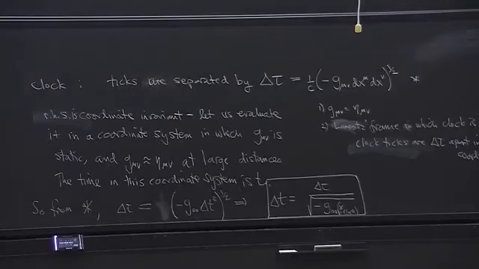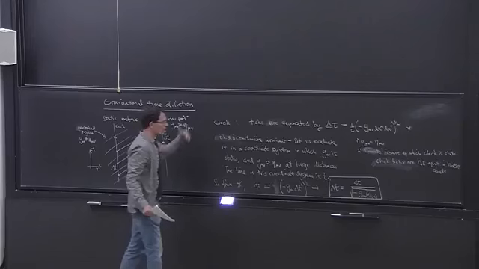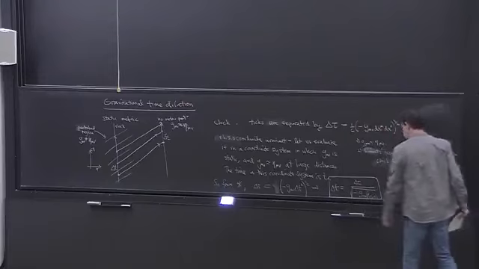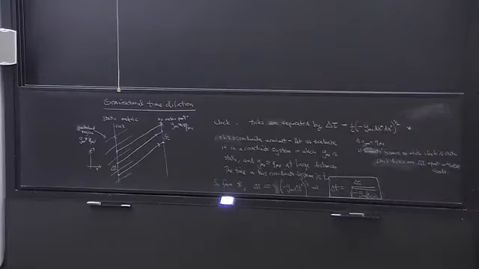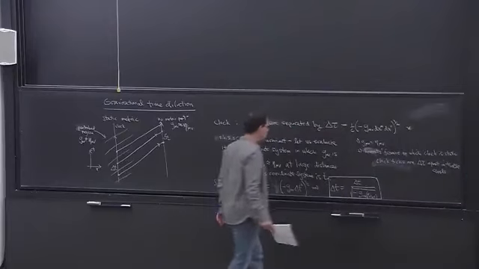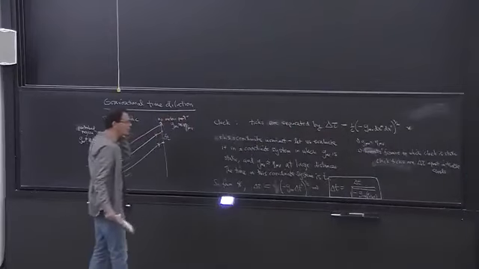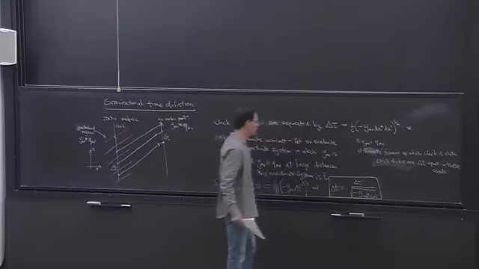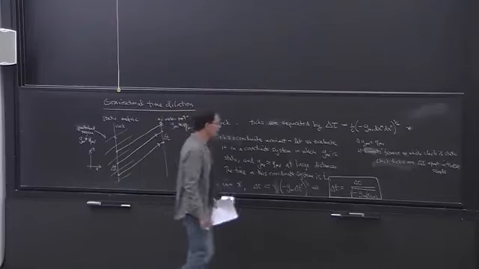So in other words, the time interval between ticks as measured by somebody at infinity equals the time interval that the clock manufacturers prescribe, since they manufactured it in the absence of gravity, multiplied by this factor, which is greater than 1.